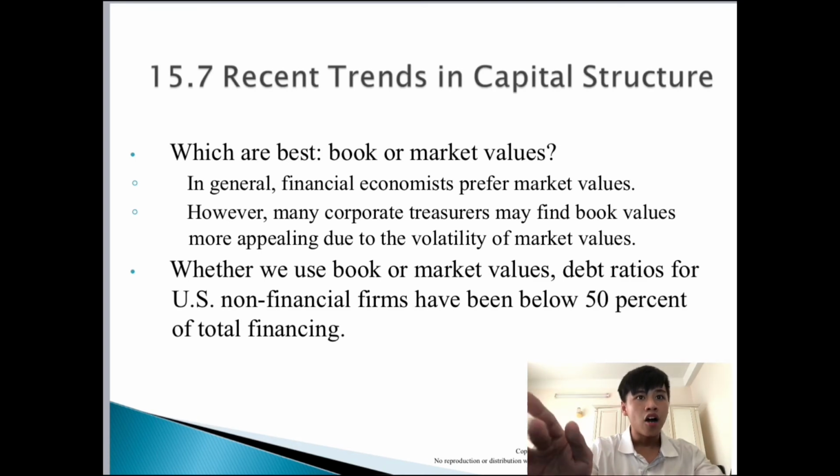The corporate treasurer may find book values more appealing due to the volatility of the stock market. It is frequently claimed that the inherent volatility of the stock market makes market-based debt ratios move around too much, and moreover, the restrictions on debt in bond covenants are usually expressed in book values rather than market values.